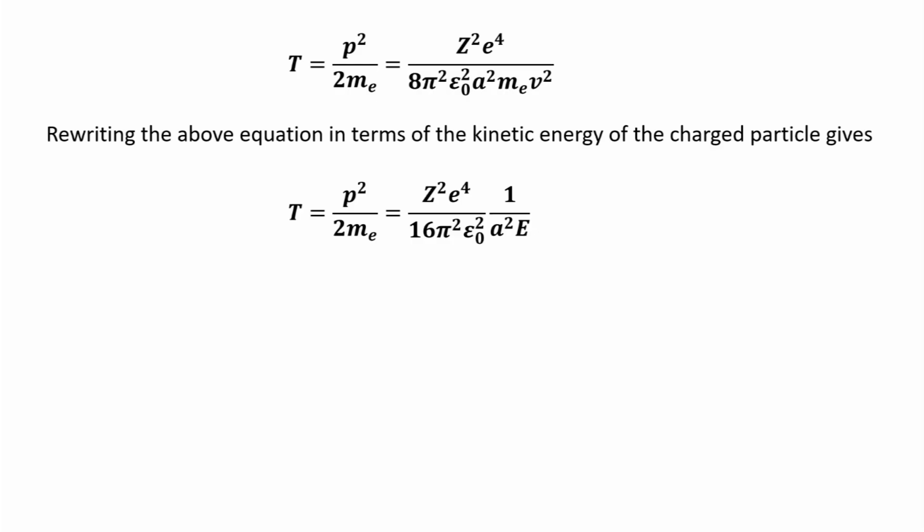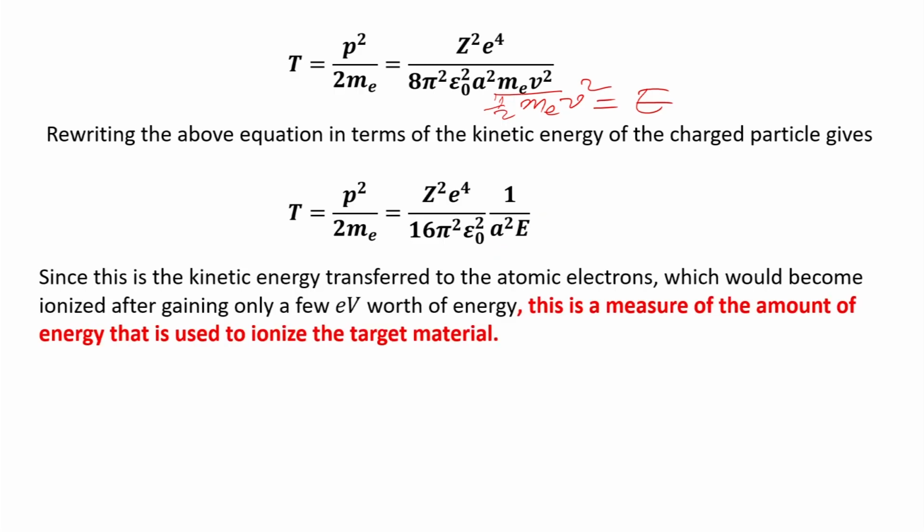So, if you put half m e v square is equal to E, then it will become 16 pi square epsilon 0, then S square, and this you can write E, where E is the energy of the charged particle. So, this is the original energy, now this energy has been imparted to the atomic electrons.